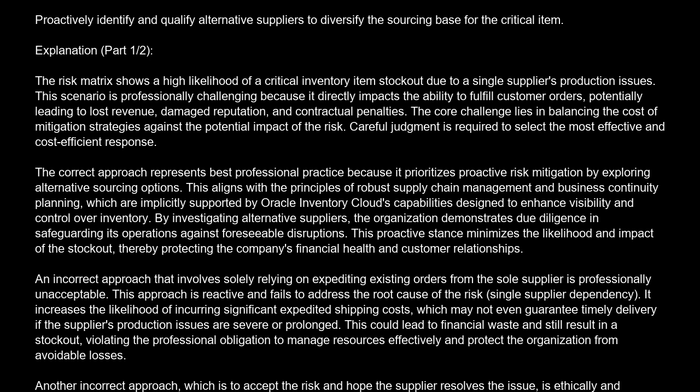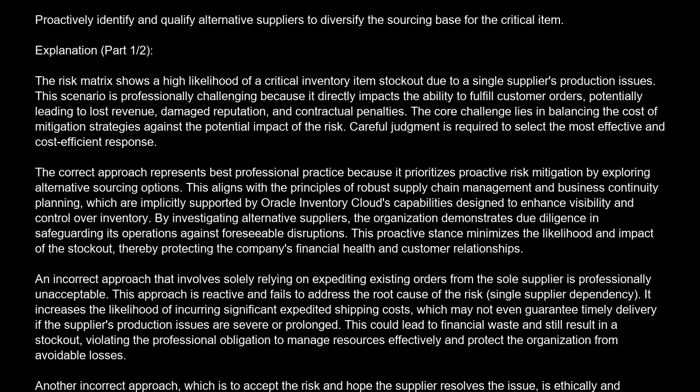The correct approach represents best professional practice because it prioritizes proactive risk mitigation by exploring alternative sourcing options. This aligns with the principles of robust supply chain management and business continuity planning, which are implicitly supported by Oracle Inventory Cloud's capabilities designed to enhance visibility and control over inventory. By investigating alternative suppliers, the organization demonstrates due diligence in safeguarding its operations against foreseeable disruptions.